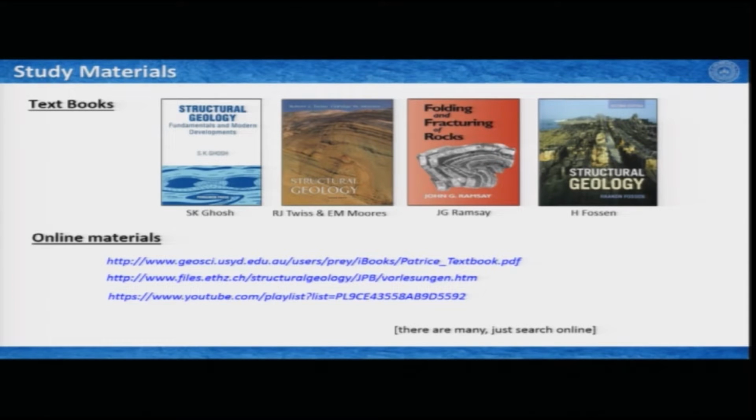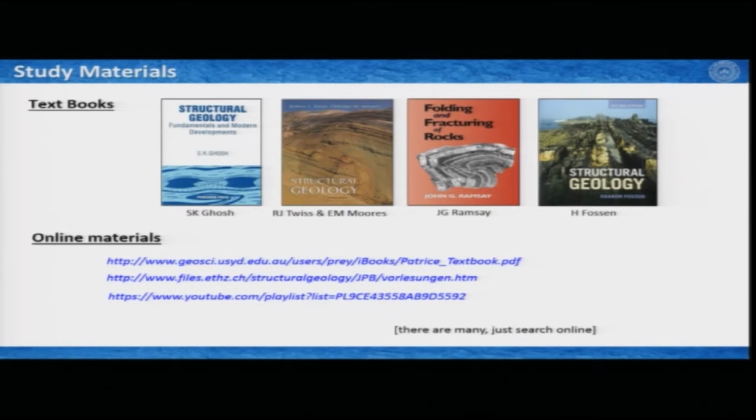It covers the entire span of structural geology, and the third one, Professor John Ramsay's Folding and Fracturing of Rocks, is the classic textbook of structural geology ever considered. It is very important to have this book in your library, and it is a worthwhile book to read.